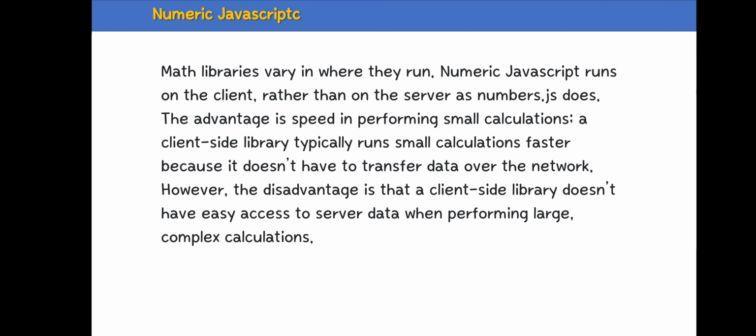The advantage in performing small calculations is that a client-side library typically runs small calculations faster because it does not have to transfer data over the network. However, the disadvantage is that a client-side library does not have easy access to server data when performing large complex calculations.